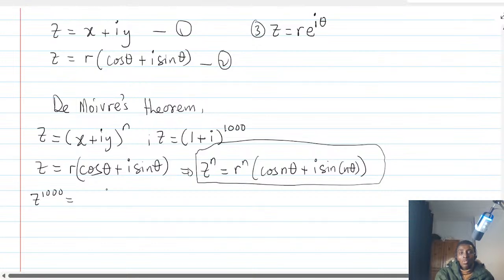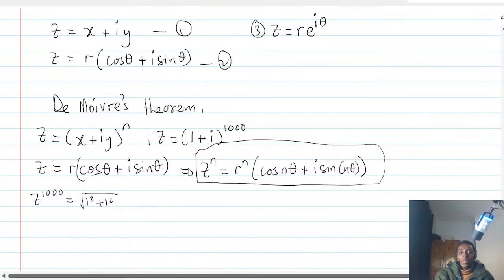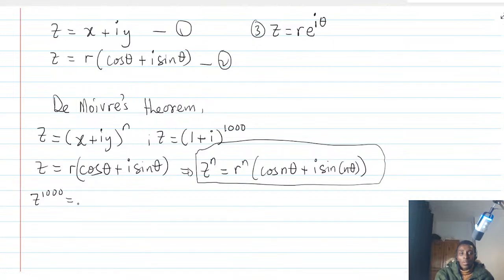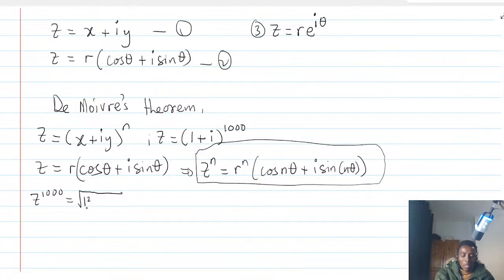So we are going to get Z^1000. First, the magnitude. The magnitude of 1 plus i will be the square root of 1 squared plus 1 squared.